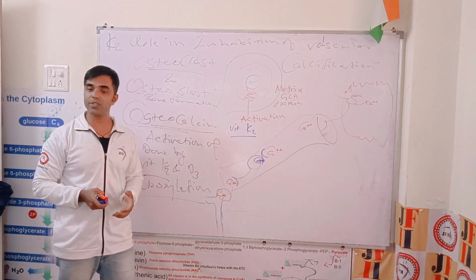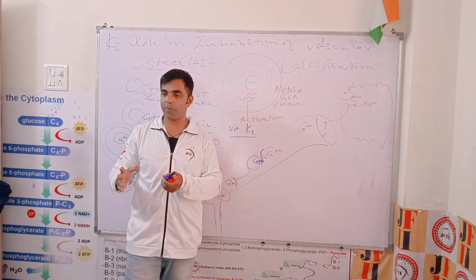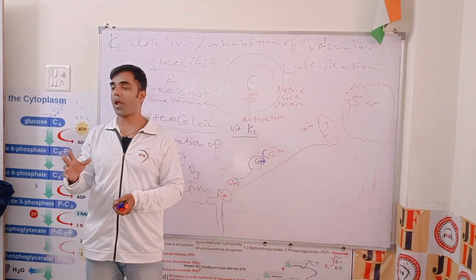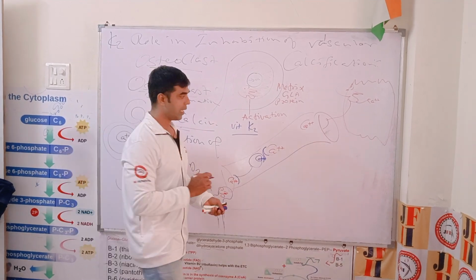But due to our lifestyle, since a decade, the last 10 years, people have started going on a low fat diet. If you go on a low fat diet, what will happen?